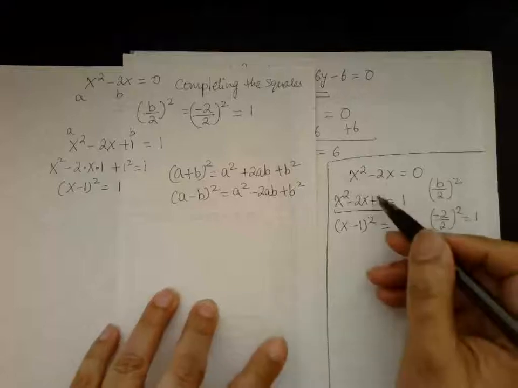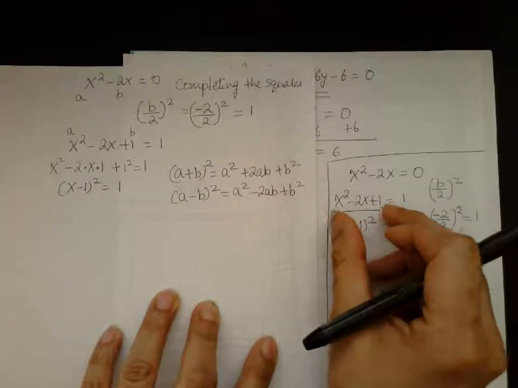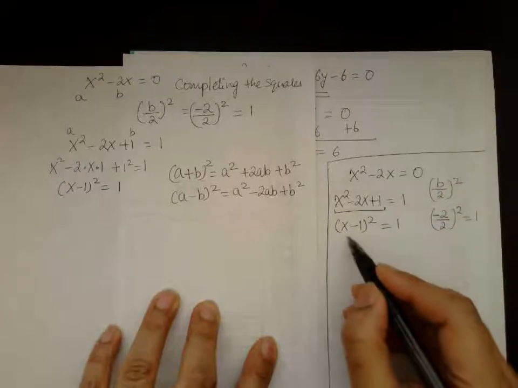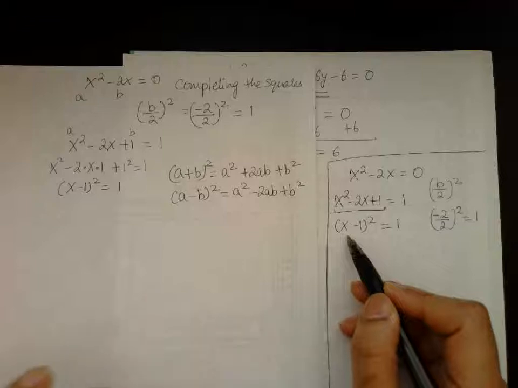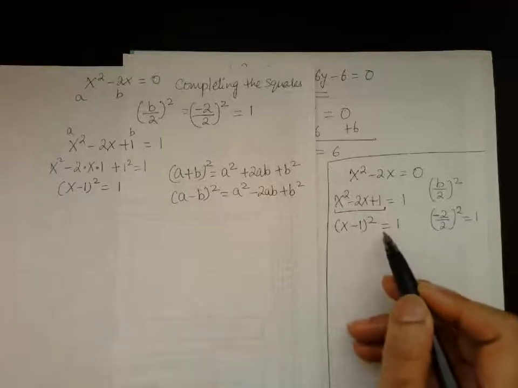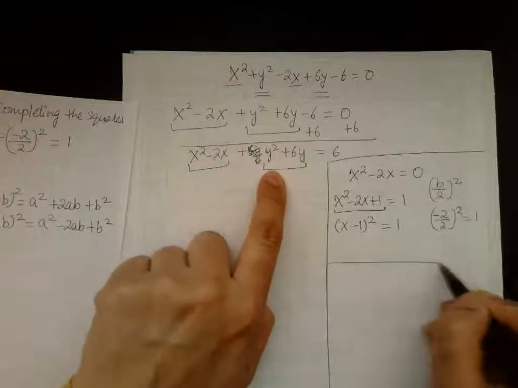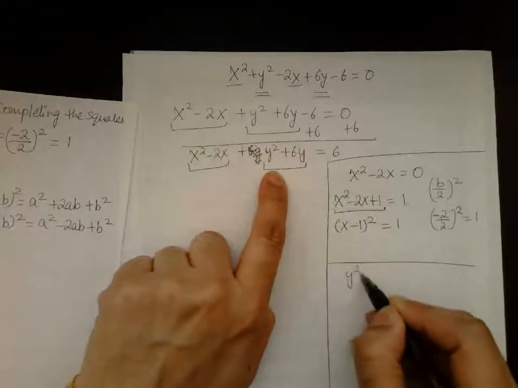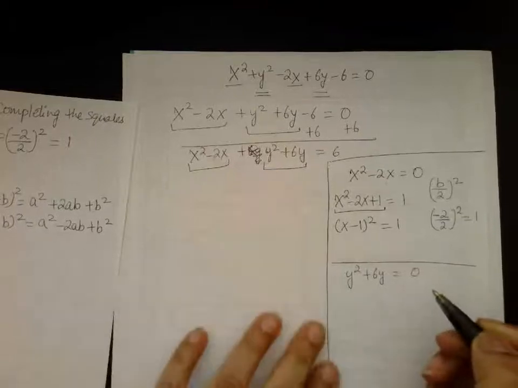Here's the thing. I'm using this method to factor it. If you want to factor it your way, you can. So I can write x squared minus 2x as x minus 1 squared is equal to 1. Let's try to factor y squared plus 6y. Let's set it equal to 0 again.